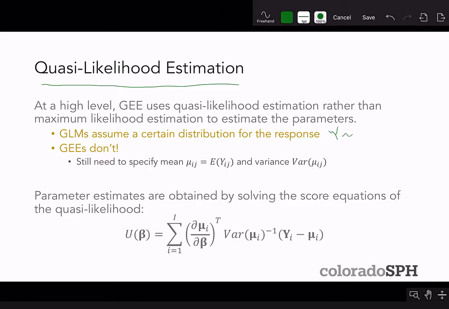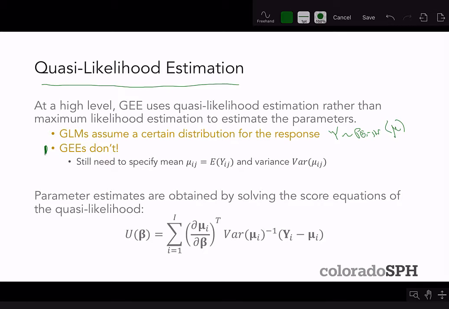Say y has a Poisson distribution with some mean mu. That would be one common specification. And GEEs, while you do tend to use exponential family links, we don't explicitly assume a certain distribution for our data. We just take the mean and the variance, the first and second moments, from common exponential family distributions.